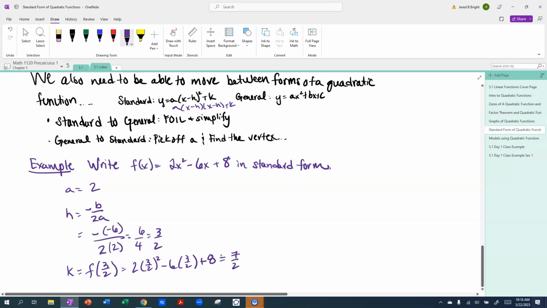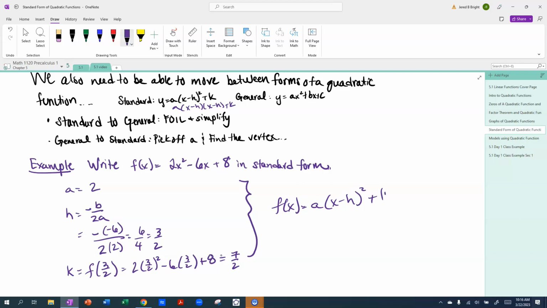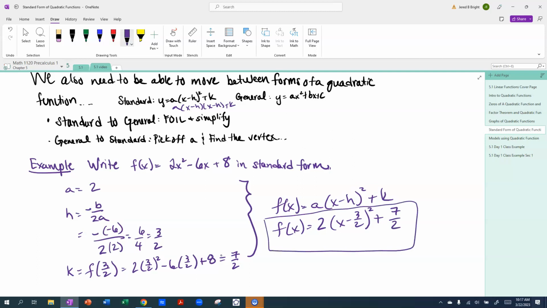Then all of this information I can assemble together and say that the standard form, f of x is equal to a times x minus h quantity squared plus k. In this case, we know that a is 2, h is 3/2, and k is 7 over 2. That would be a nice easy way to represent the function that's given to us in general form as standard form.